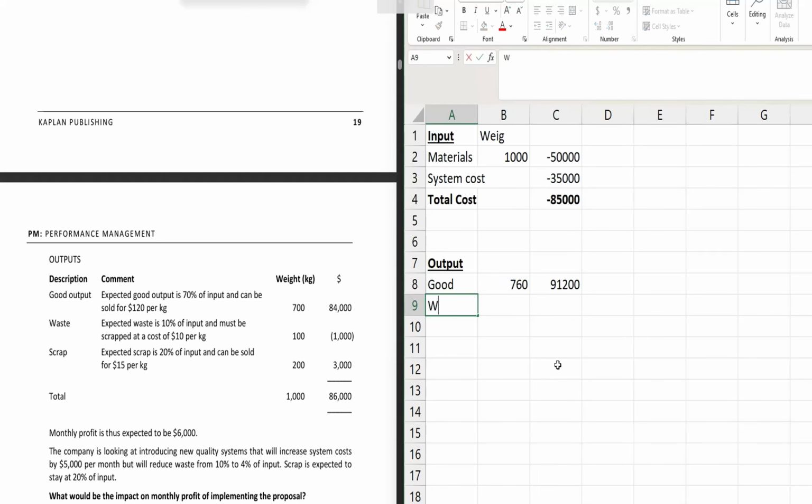Then waste will be now reduced to 4%, so equal to 4% of 1000. It will be scrap at 10 and it is now a cost. Remember they have scrap cost mentioned there in the question. Now scrap value after selling it we will have 20%, right?